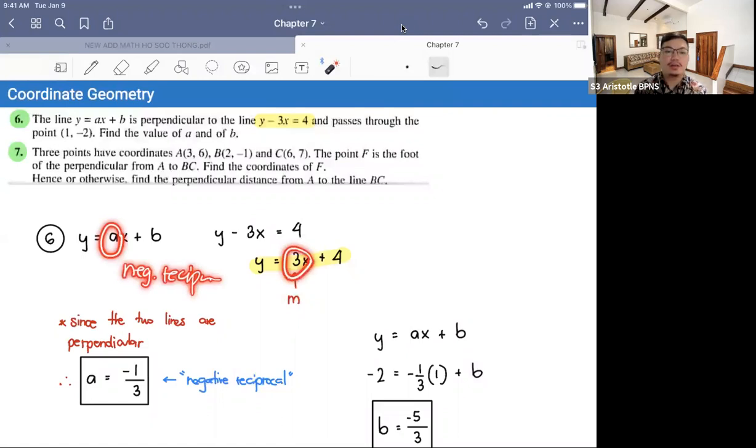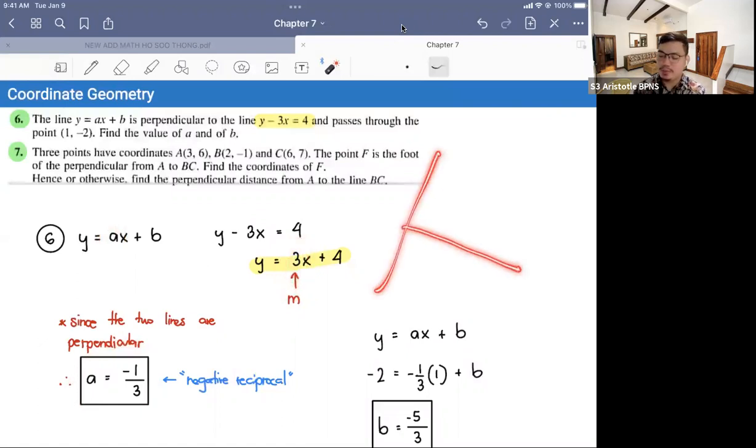So that's how I got the value of a. So a is -1/3. Again, if you have two lines which are perpendicular to each other, and the gradient of this line is 3, therefore the other one is -1/3. Negative reciprocal.